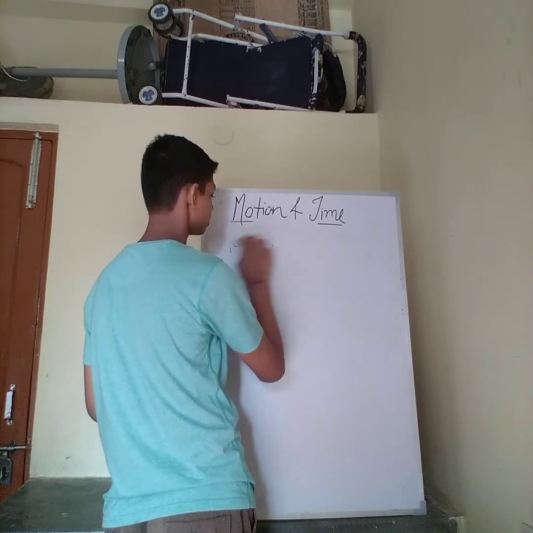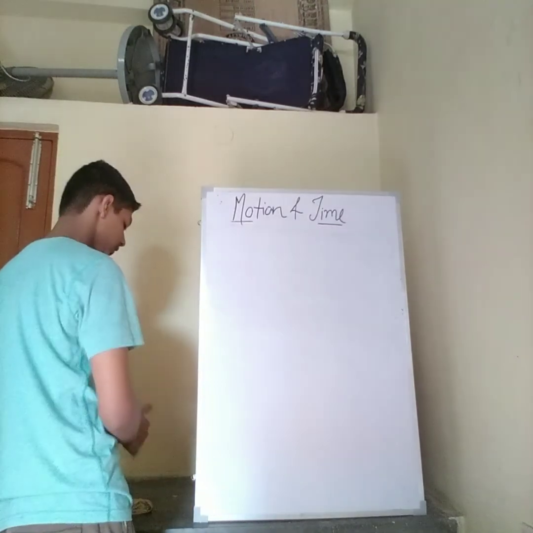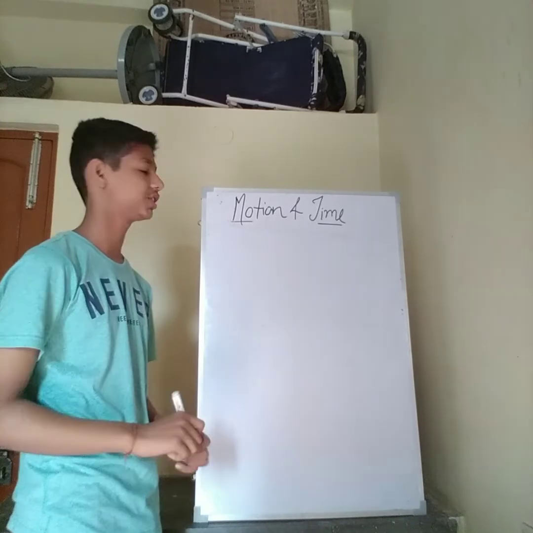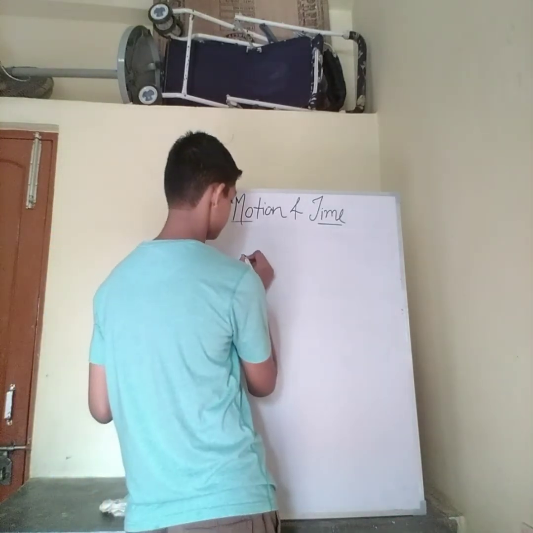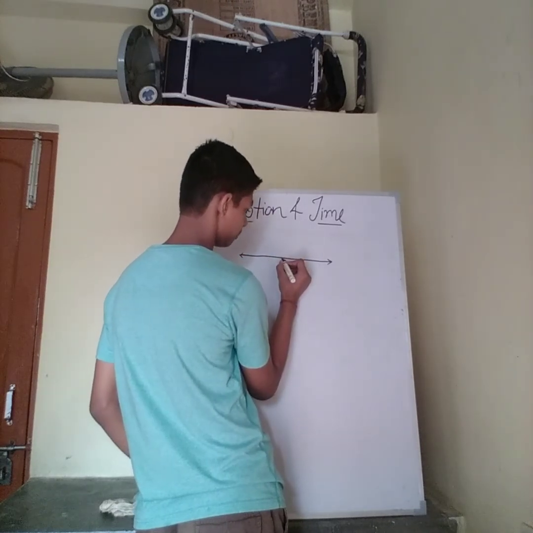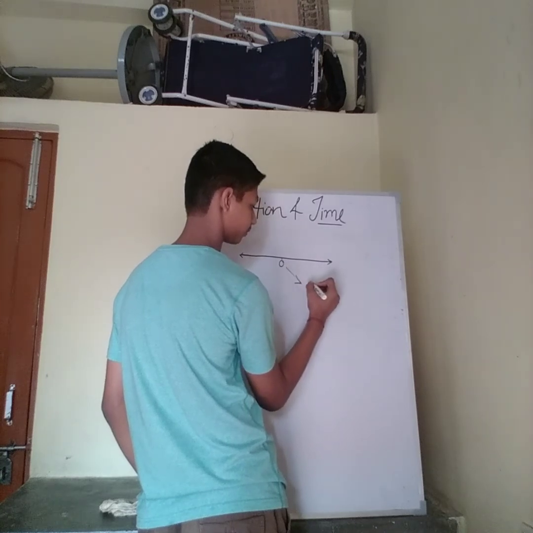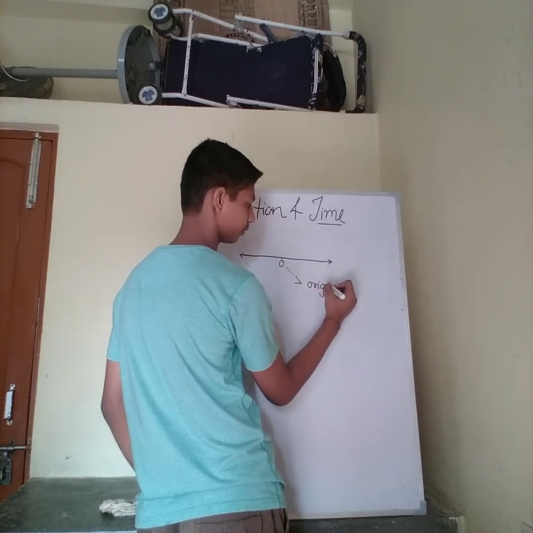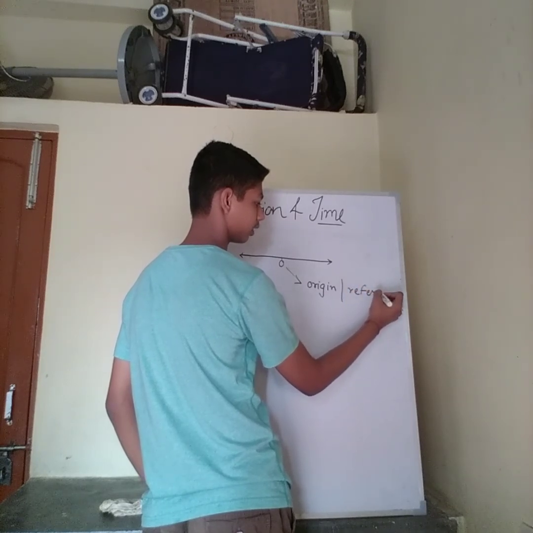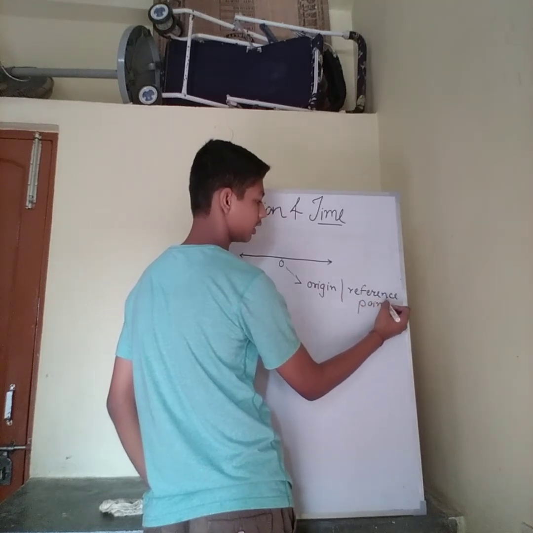And we will now see the position of a particle along a straight line. Okay? Position of a particle along a straight line. Here we draw a straight line. The midpoint called O means origin, or reference point, it is called.